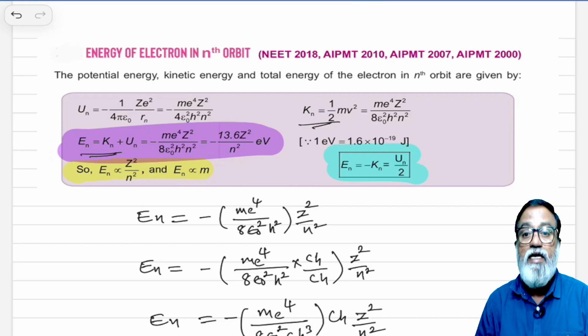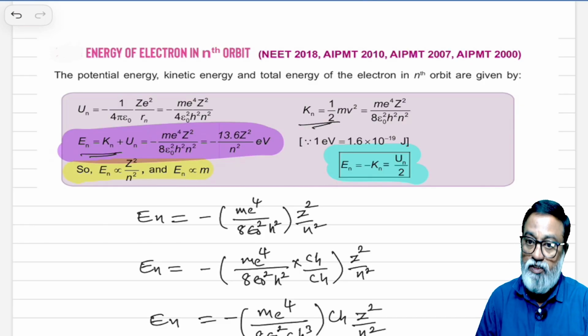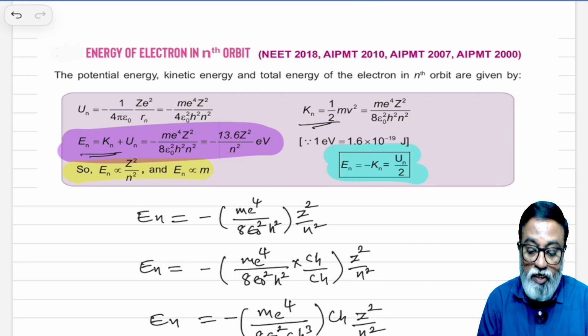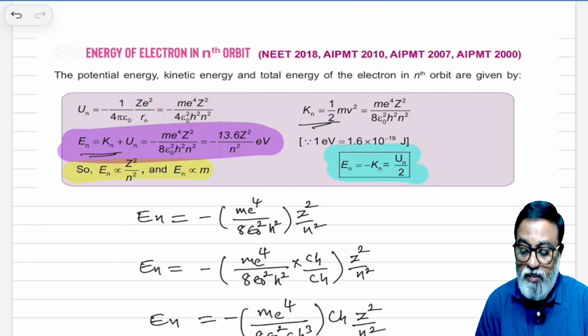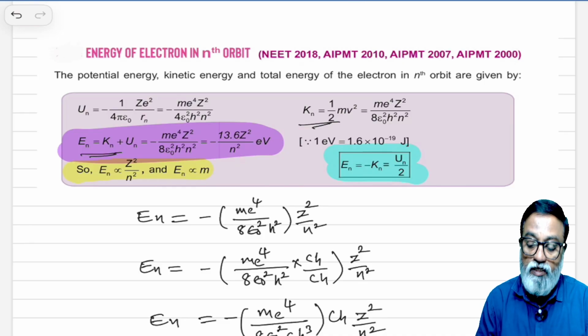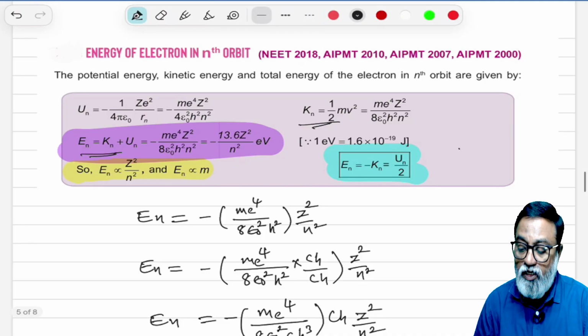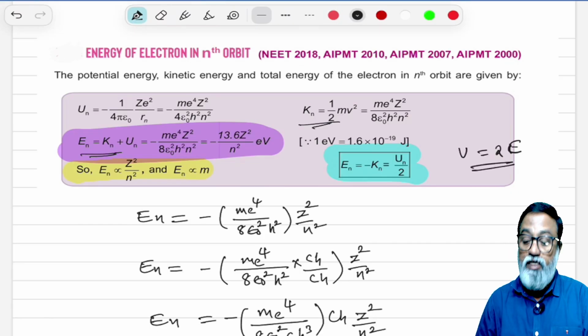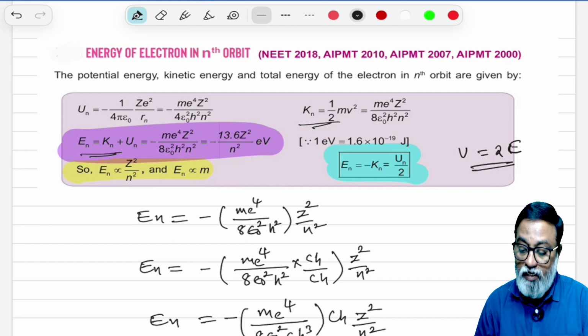Therefore, kinetic energy and total energy are the same in magnitude but opposite in sign. Kinetic energy can never be negative, it is always positive. Therefore, the relation is total energy is the negative of kinetic energy, that is U_n by 2, where U_n is the potential energy. Therefore, potential energy is 2 times the total energy.